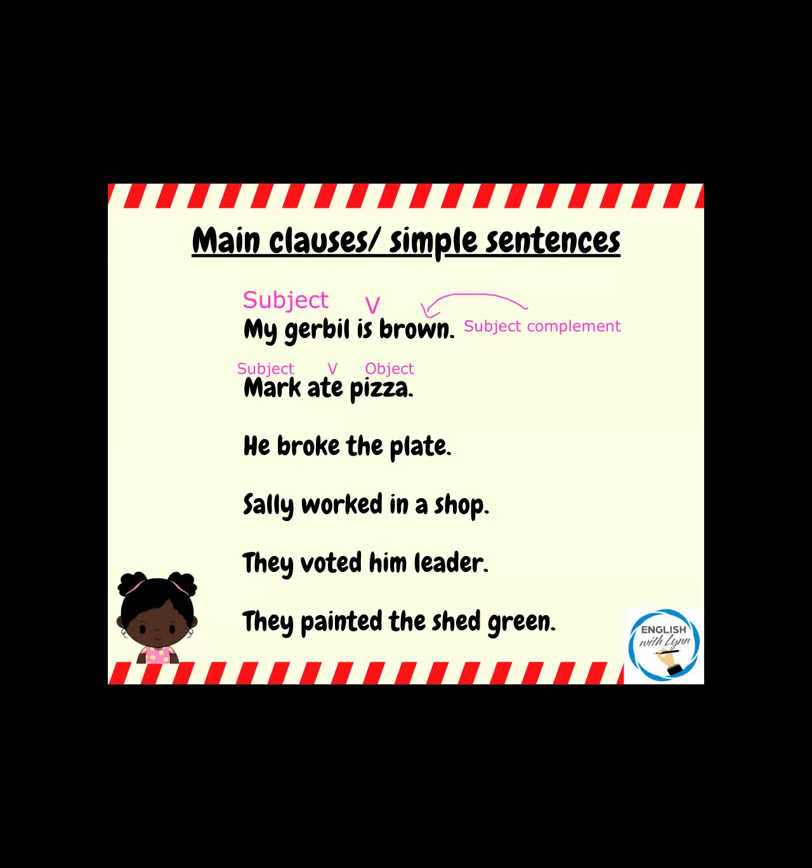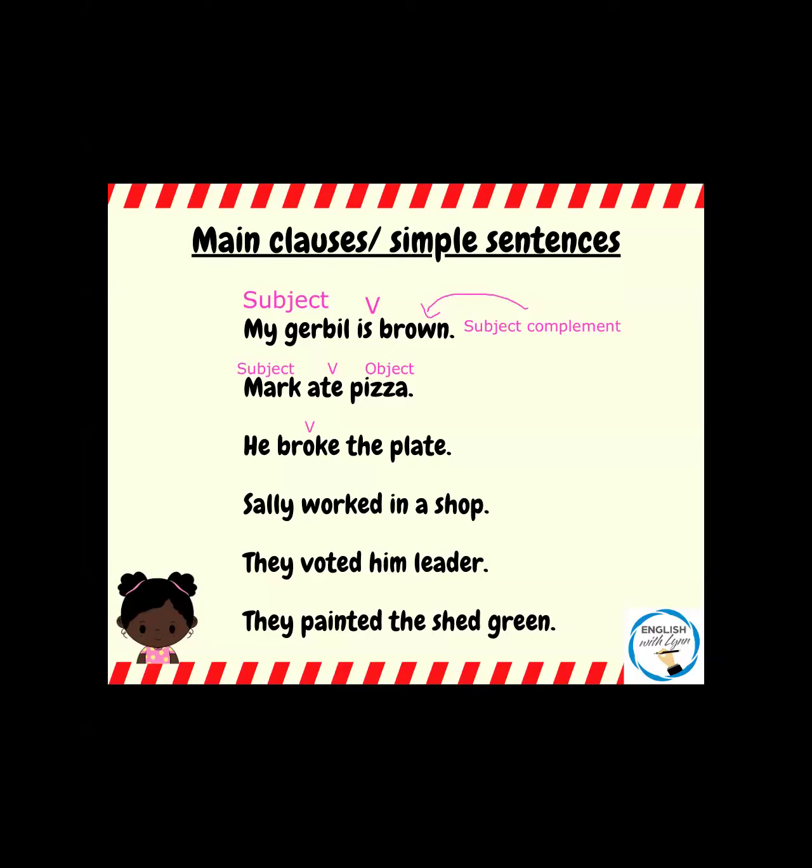Okay. So next one, that's quite easy to spot. Broke is the verb. Now, this one doesn't have the name of a person. It uses a pronoun, and you can still have the pronoun as the subject in your sentence.